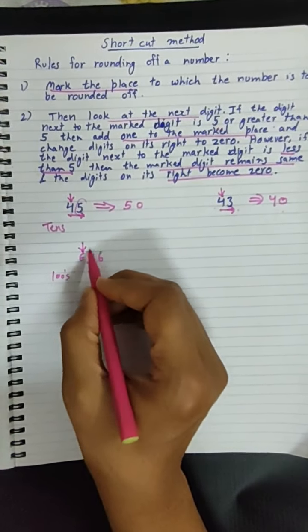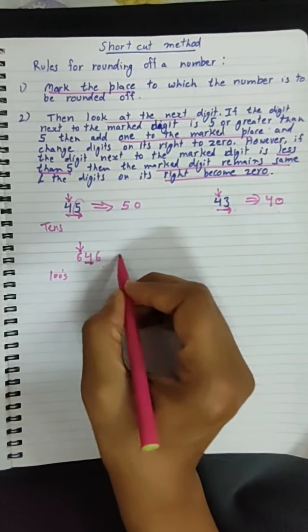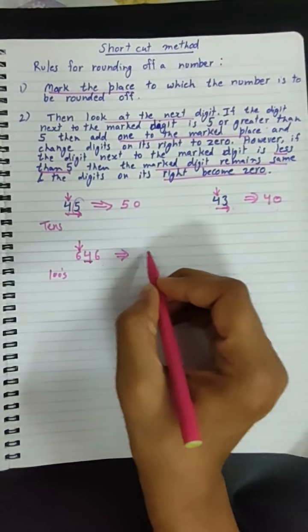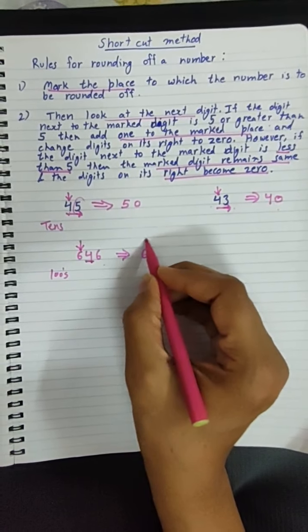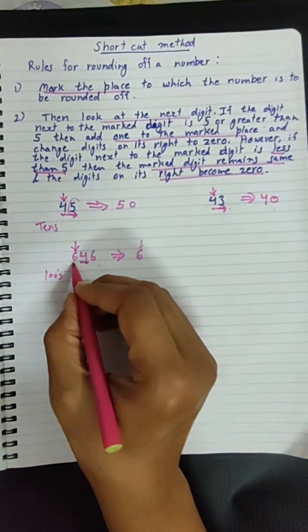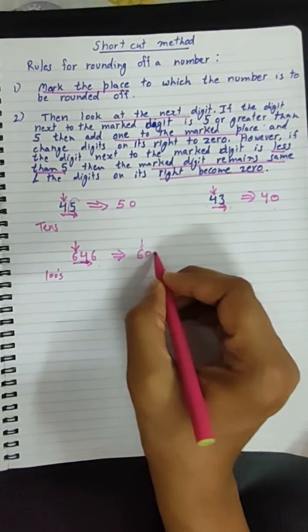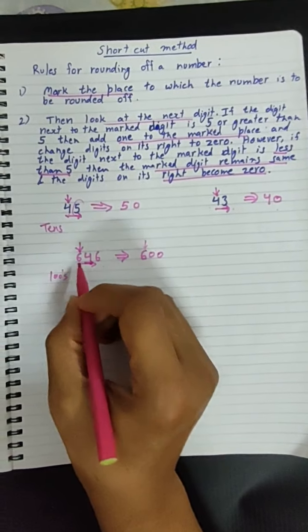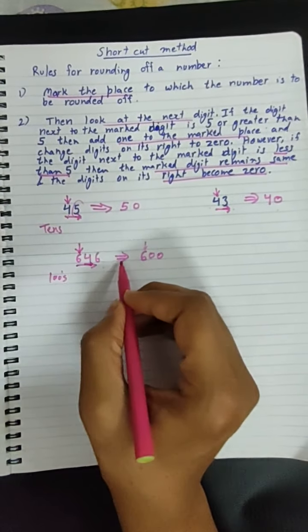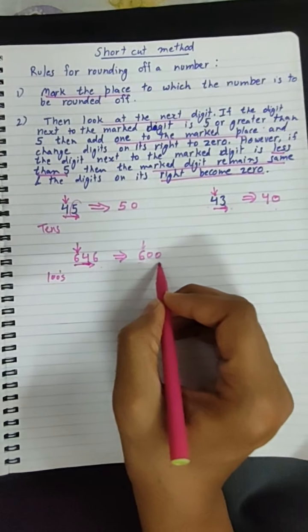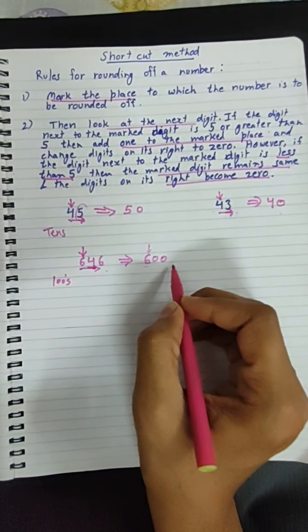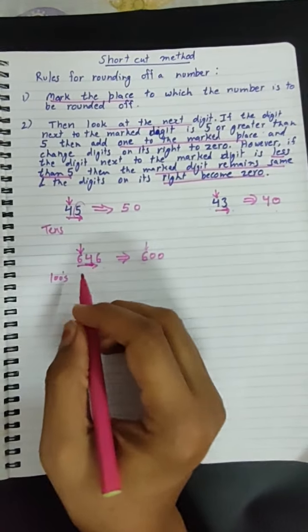Since this digit is less than 5, there will be no change in the marked digit and the numbers on its right turn to 0. So when we round off 646 to the hundreds place, we get 600.